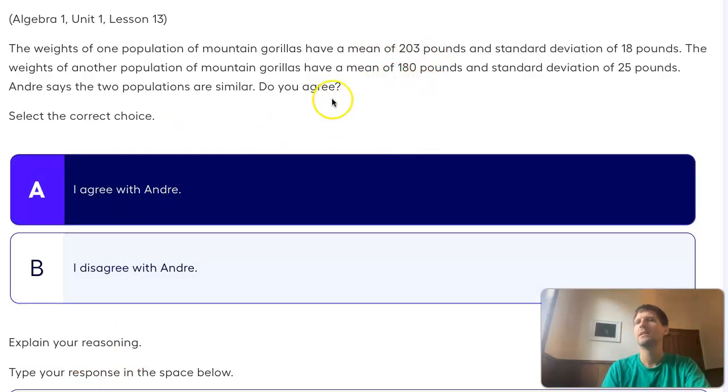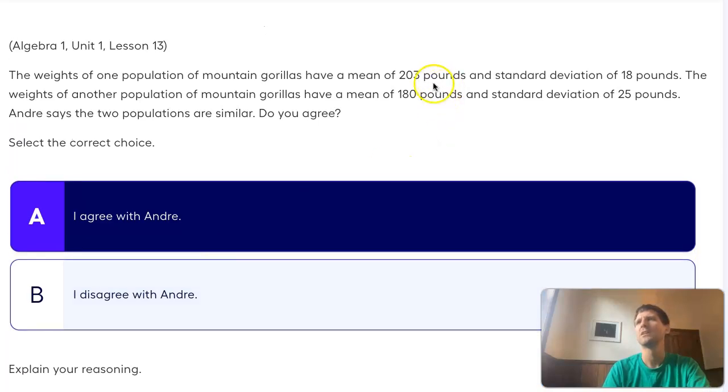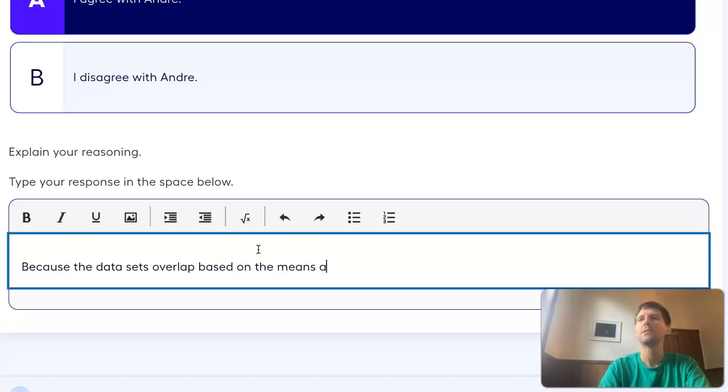Well, I said yes, I did agree, because there would be a lot of overlap in the two data sets, because it definitely goes about 18 below and 25 above the 180, so there would be a lot of overlap. But I could see you saying disagree because the means are 20 pounds different. But I would say yes, because the data sets overlap based on the means and standard deviation.